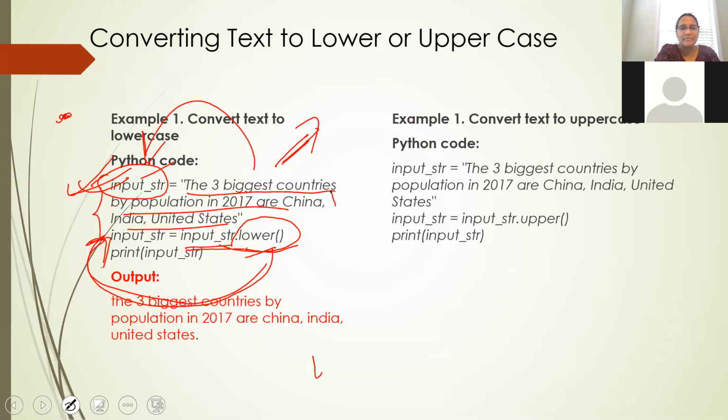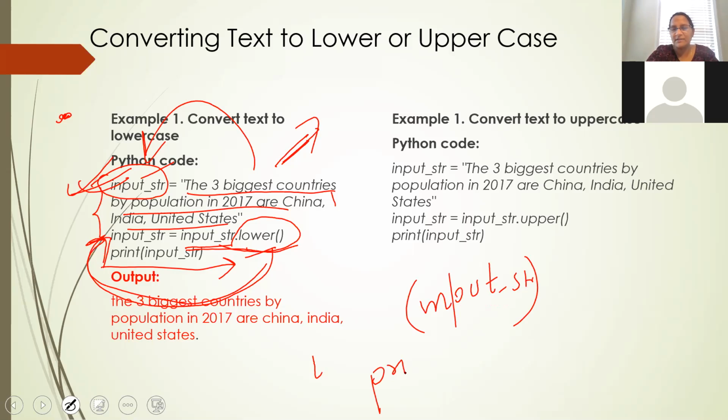And now I am printing. So print, and then a parenthesis and the variable name. If I want to print a variable, I don't use a quote. But if I want to print a sentence, I will use a quote.